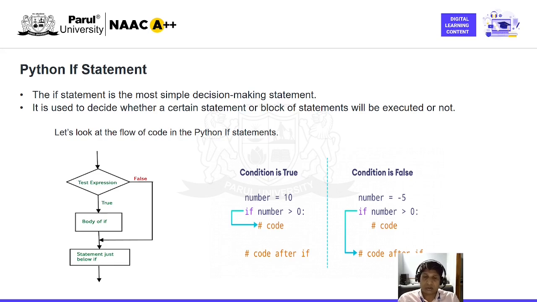Suppose a very realistic example I have in my mind, that is, once you go to the ATM, and if you enter the withdraw amount 10,000, and if you don't have 10,000 in your account, can you withdraw?